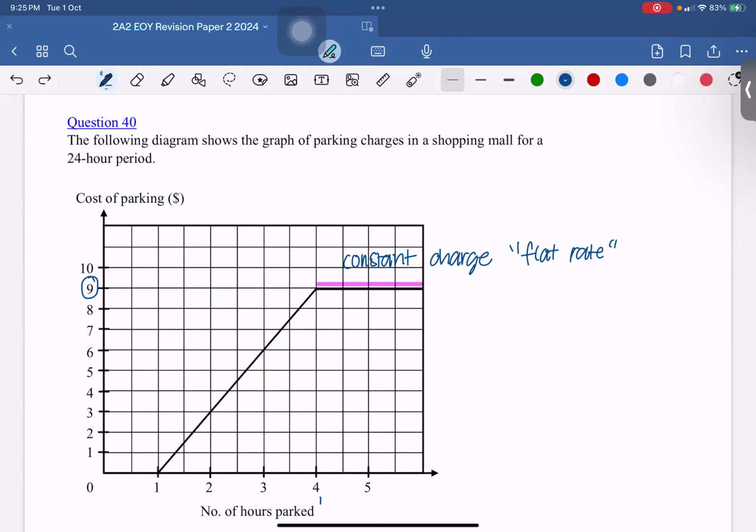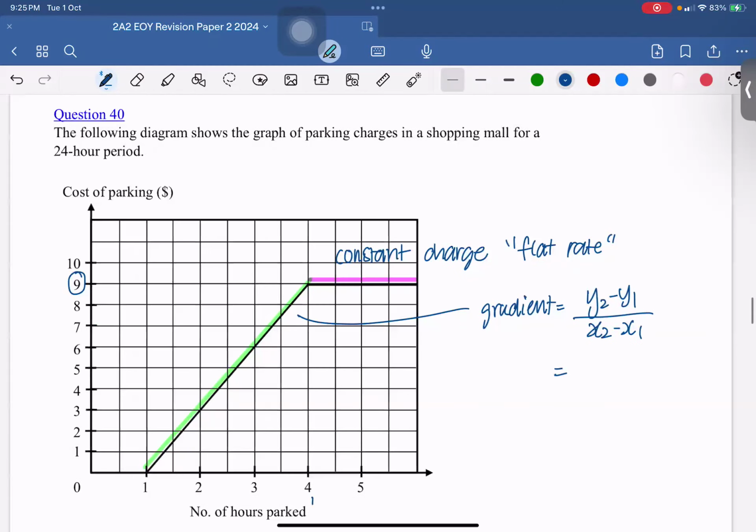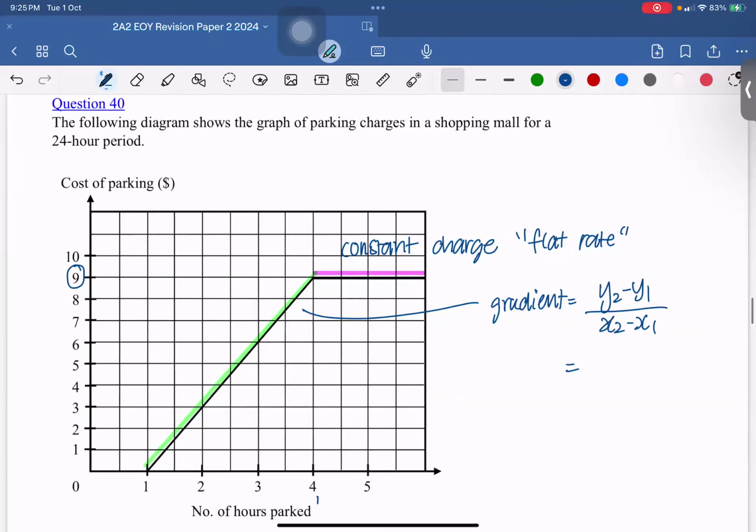But what about the portion over here that is slanted? This one has a gradient. The gradient is given by the formula y2 minus y1 over x2 minus x1, the gradient is given by y over x. Can you tell me what is the unit for the y-axis? Dollar.